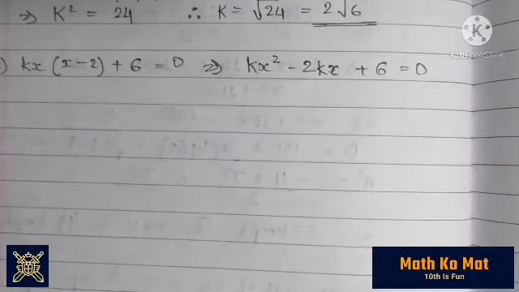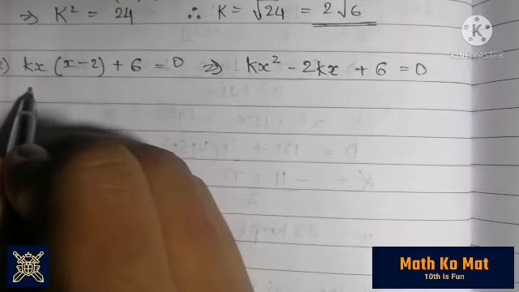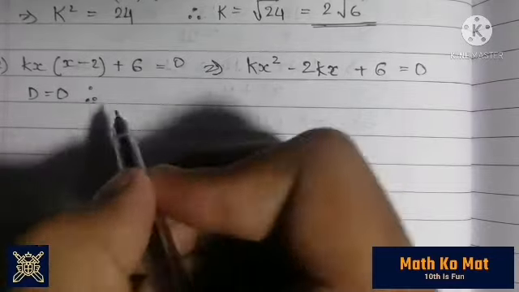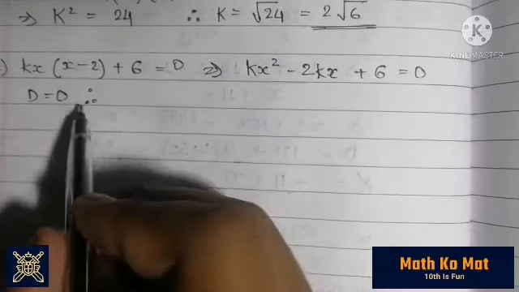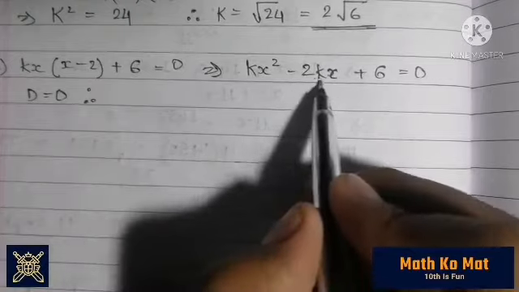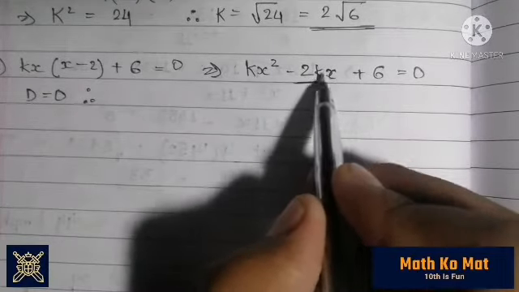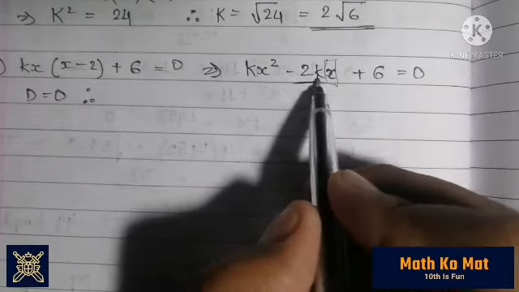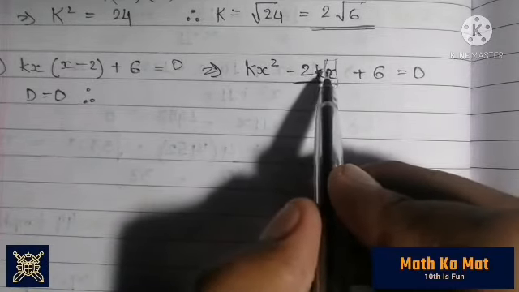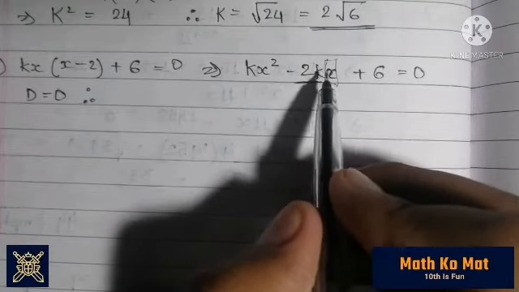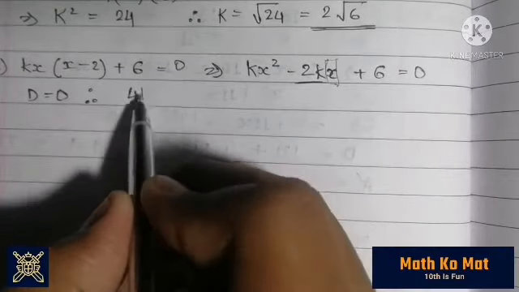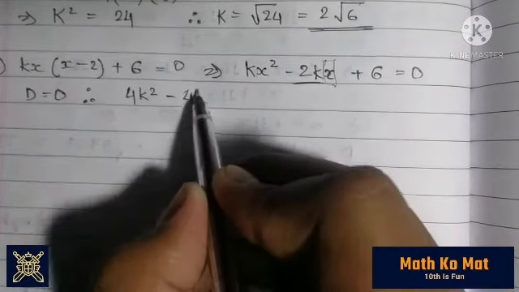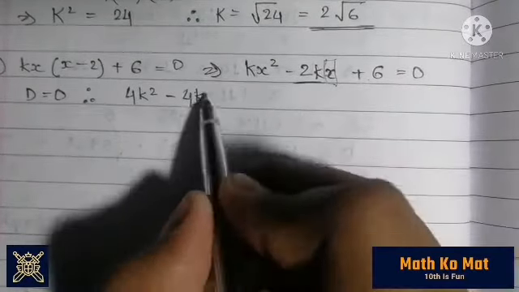And now we'll find the value of D. As you know, D is equal to 0. Therefore b square minus 4ac would be equal to 0. Here our b is the coefficient of x, which is minus 2k, and minus 2k whole square would be 4k square. 4k square minus 4 into a, that is k, into c, that is 6.